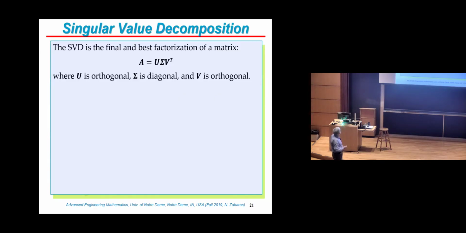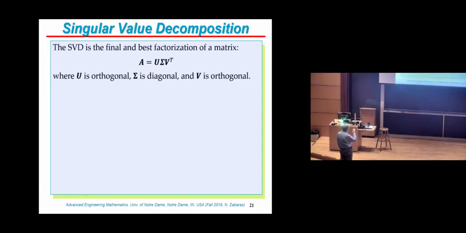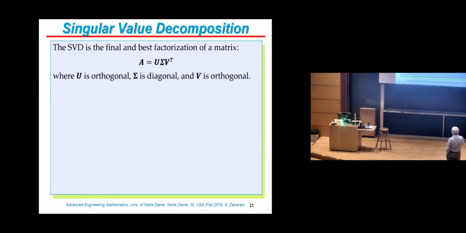Okay, so what is SVD? If you take any matrix, and that matrix does not have to be symmetric, doesn't have to be square, we can actually write it with this very nice factorization, U sigma V transpose, where these matrices U and V are orthogonal matrices, which means they're square matrices, right?